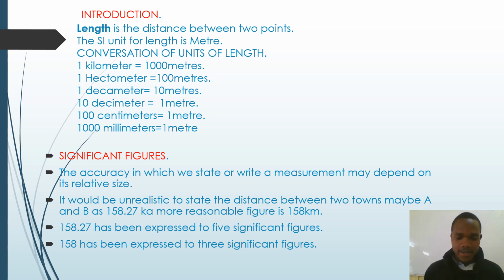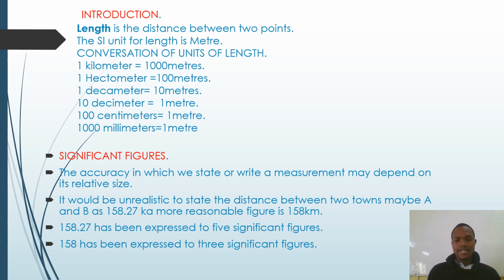Yes, so on continuation of the same, we are going to look at the significant figures part of the introduction. And here we have to consider some things. The accuracy in which we state or write a measurement may depend on its relative size, depending on the various methods we use.